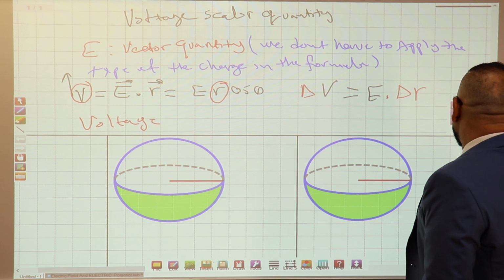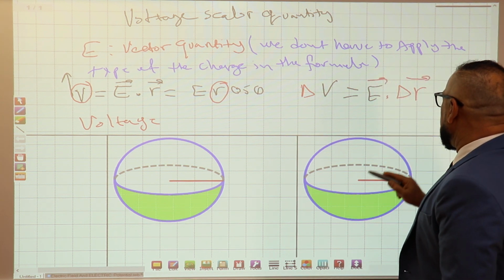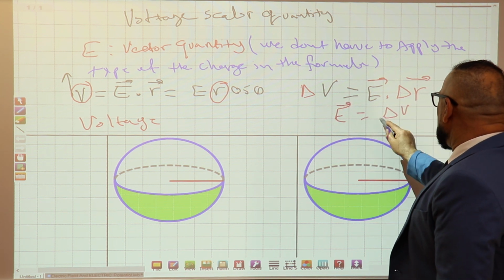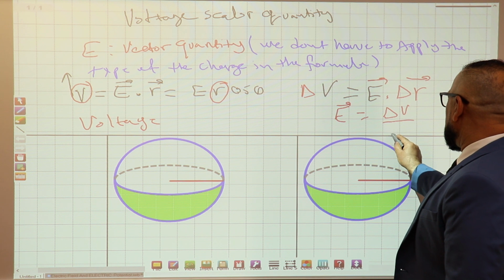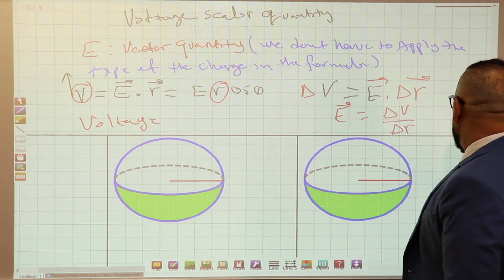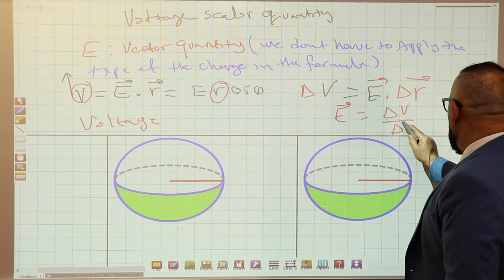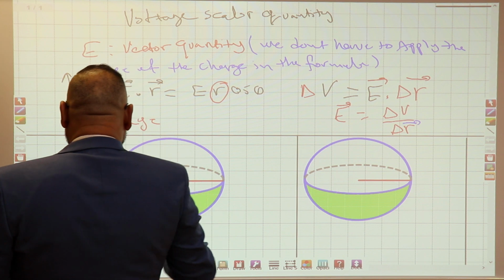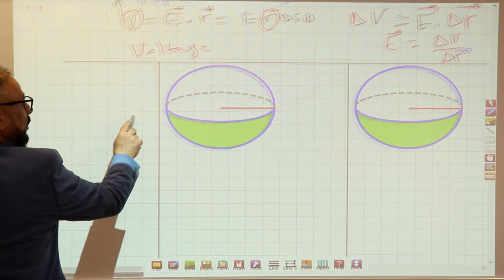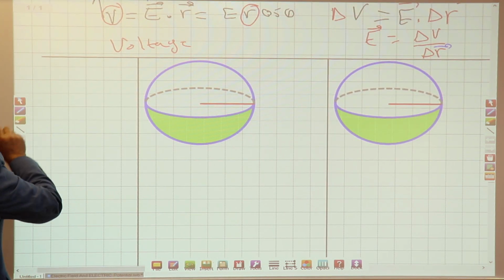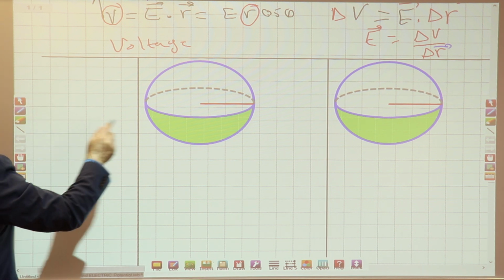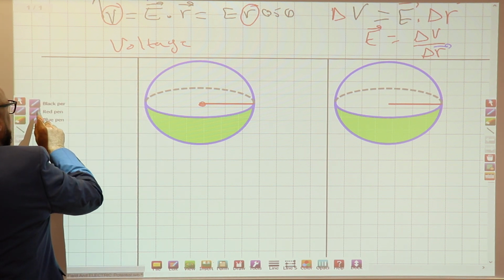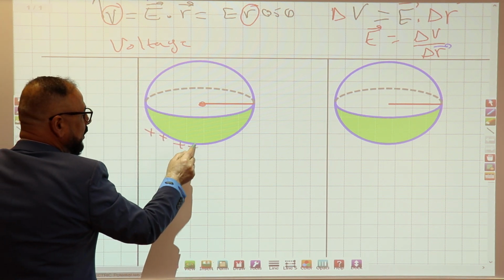Now R is a vector quantity and E is a vector quantity. Then E is delta V over delta R. Remember that R is a vector. Now, depending on this, I'm going to explain my class. Here is my circle and this conductor, and as we explained, the charge will be here.